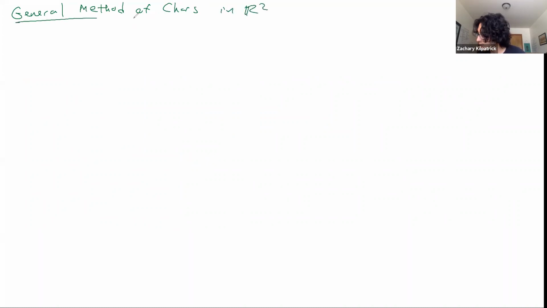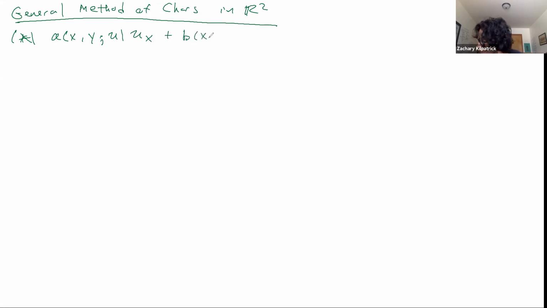In R2, okay? Where I just mean you have two independent variables. So in general, what this is going to look like for what's called a quasi-linear PDE is that you may have some coefficients on one of your derivatives, and you may have coefficients on one of your other derivatives.